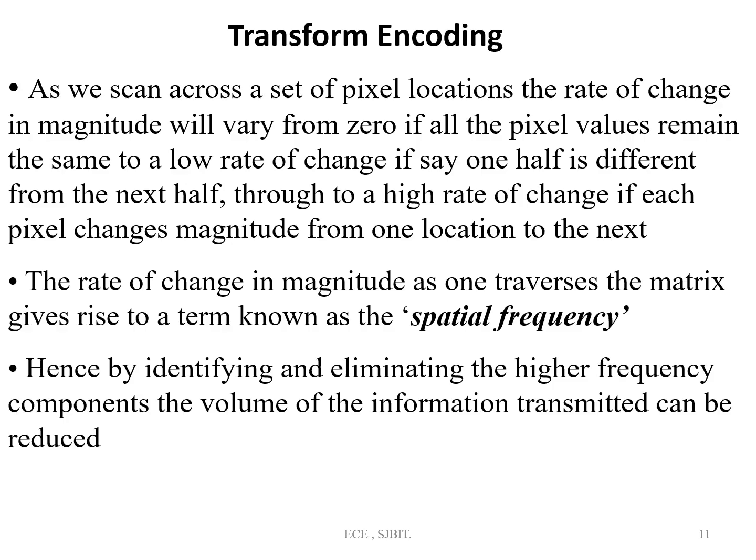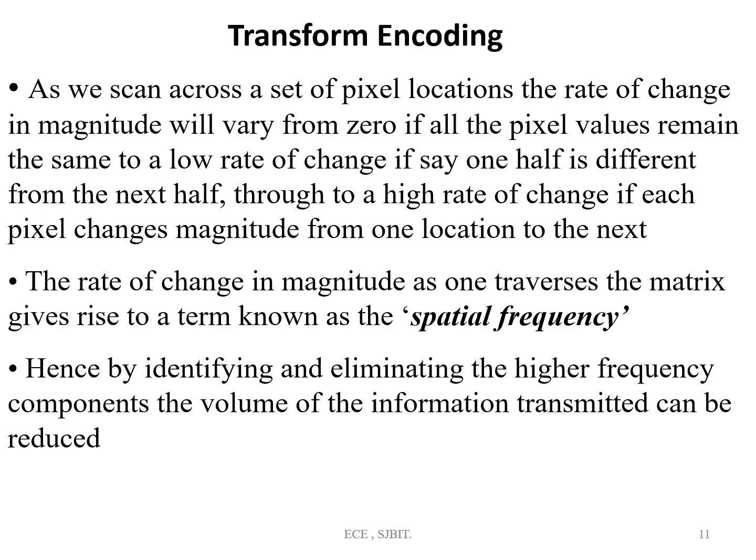Next, coming to transform encoding. In transform encoding, a set of pixel locations changes the rate of change in magnitude, and the signal varies from 0 if all the pixel values remain the same, to a lower rate of change, and then a high rate of change.